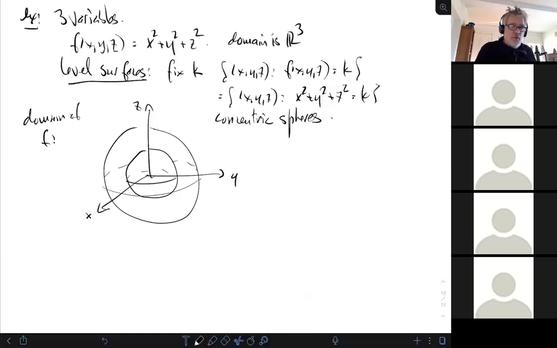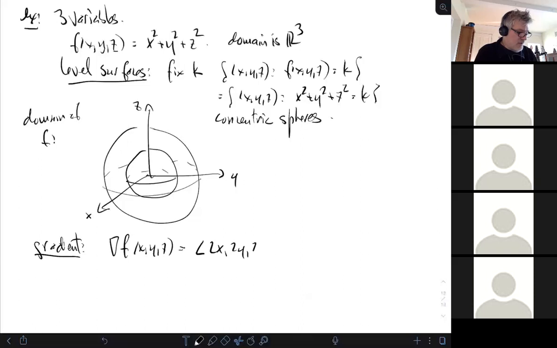Now I'm going to compute the gradient at some generic point x, y, z, and it's easy. This is 2x, 2y, 2z, right? Partial derivative with respect to x, y, and z.